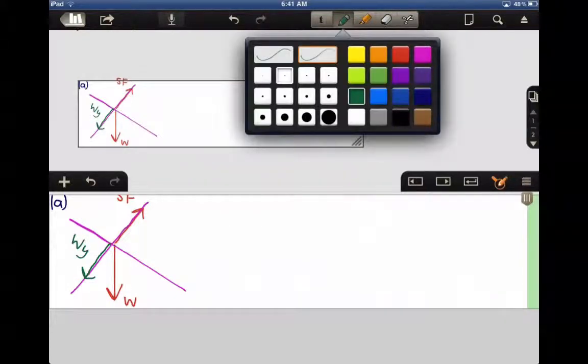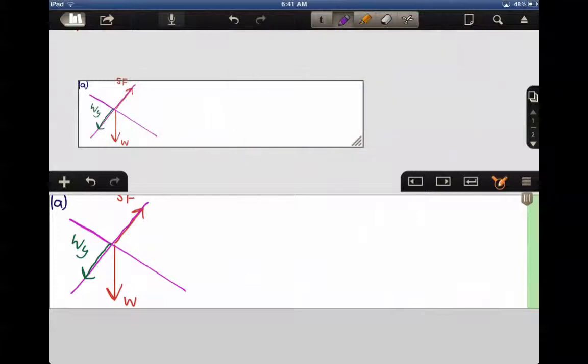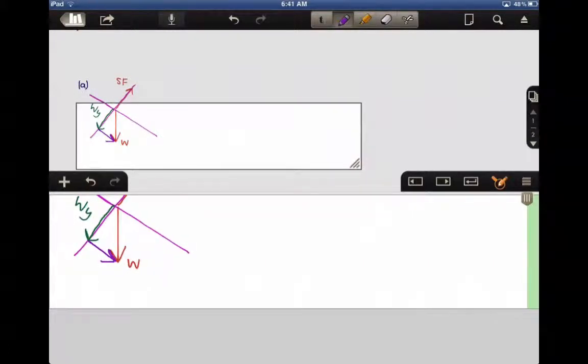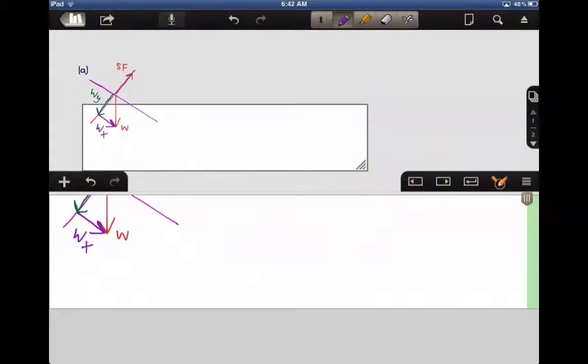The x component, how do you feel about purple? We'll go purple. That would be W in the x direction. So the green and purple give us the answers to B, include WX and WY.